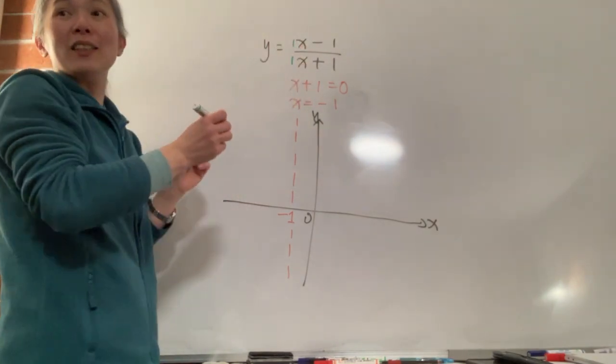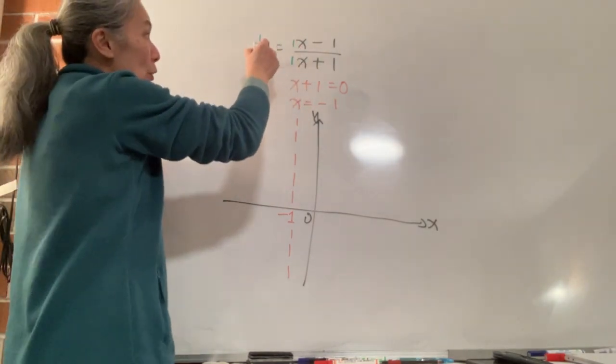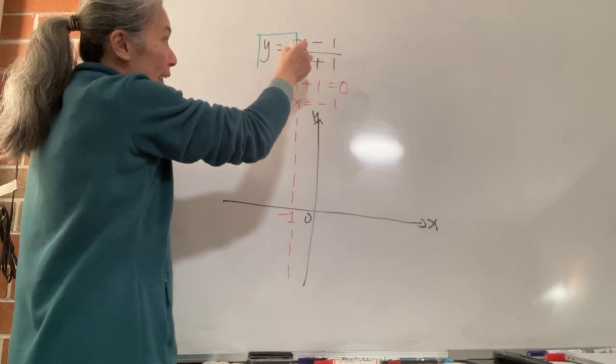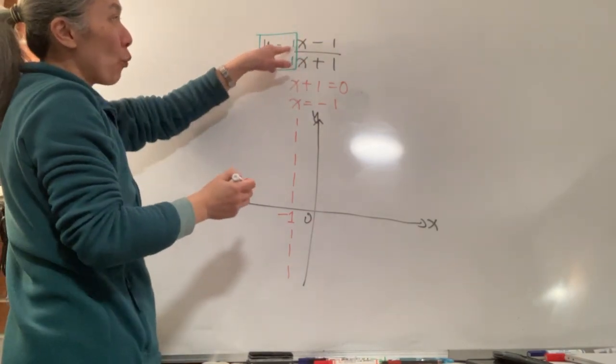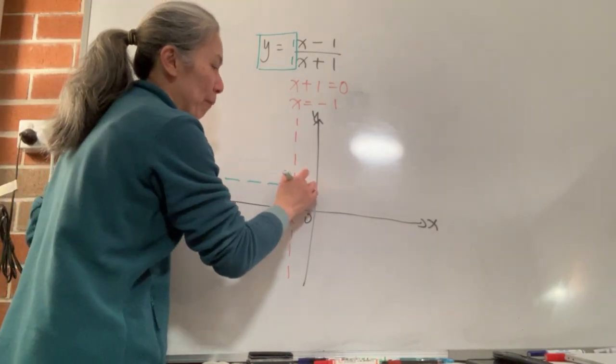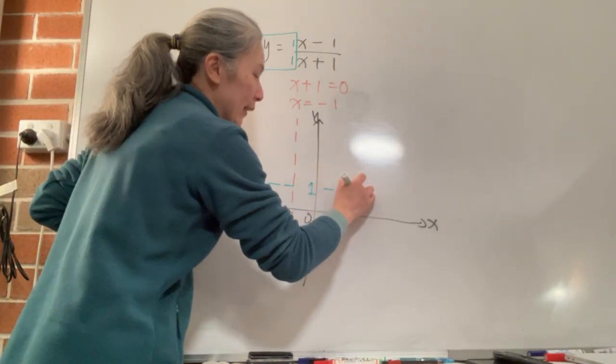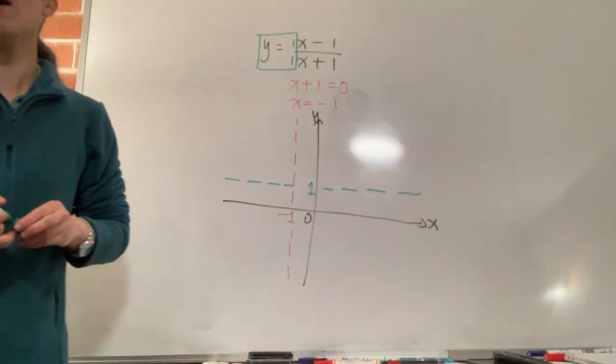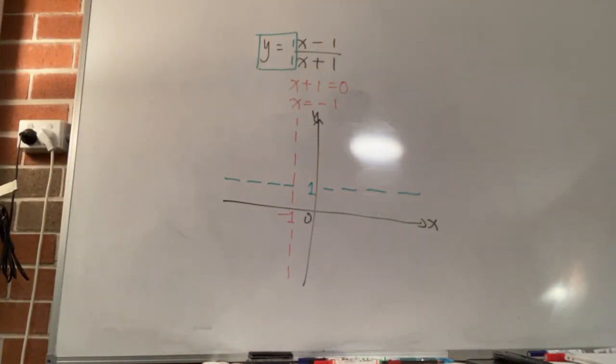So the horizontal asymptote is y equal to 1 over 1, which is 1. That's where you get that number from. So when you have an x on the top and x on the bottom, pick the number in front of the x.